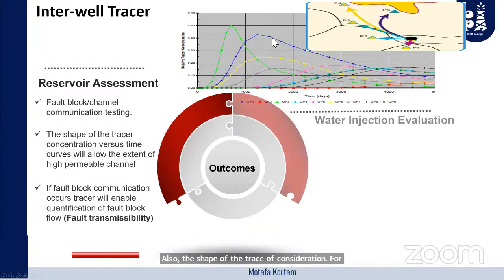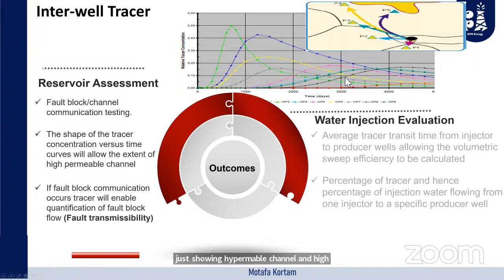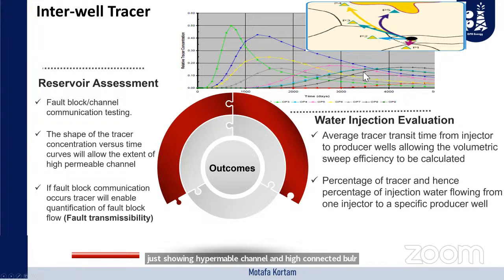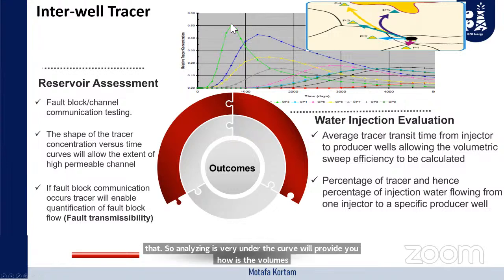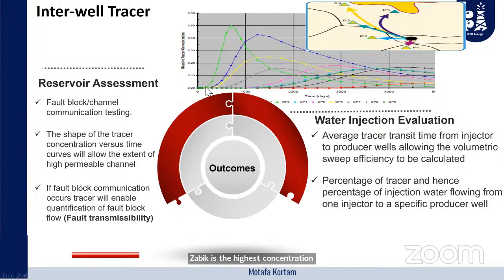So this shows a high permeable channel and high connected pore volume compared to the black one. At the end, you analyze the area under the curve, simple as that, and it will tell you the volumes. The peak is the highest concentration, indicating the permeability, and the breakthrough time indicates the fastest effect.